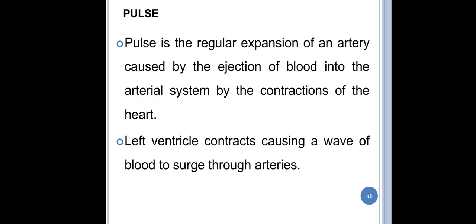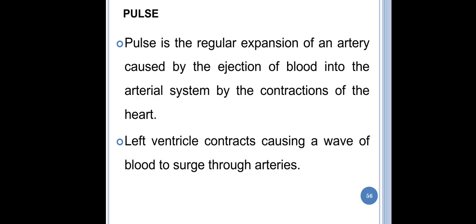The sinoatrial node is also known as the SA node. It's the one which is important for electrical activity, causing the heart to contract. And it actually causes contractions at a rate of about 60 to 100 beats per minute.